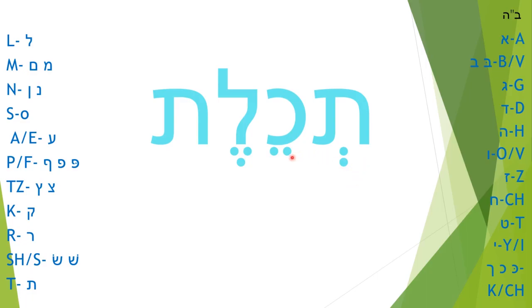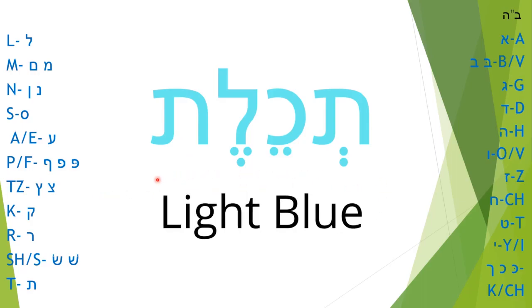T, ch, le, t. Together, tchelet. And this color is light blue or baby blue, and it's a beautiful color.